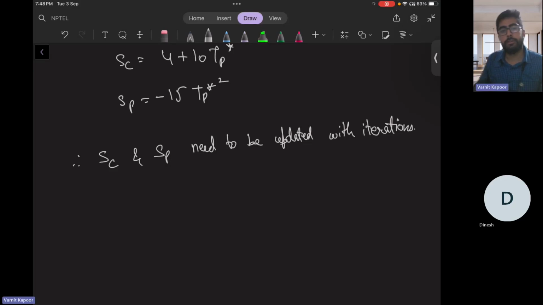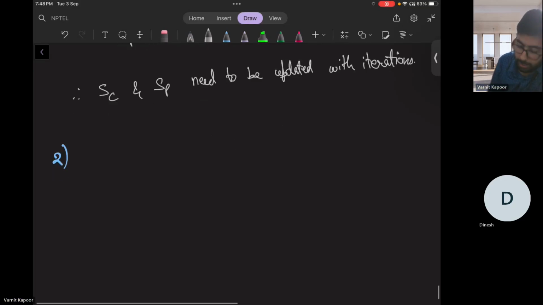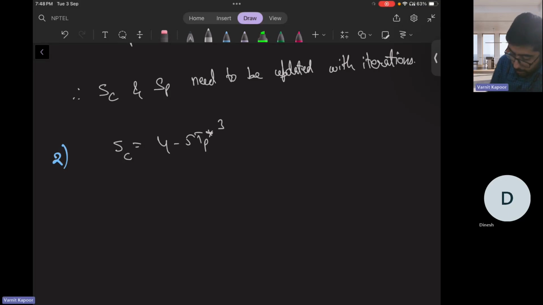Now, the second case. One case was that you have a variable source, with SC and SP both. In the second case, your source is S equal to 4 minus 5 TP star cube, where SC is this and SP is 0. It's a lazy person's approach, we can say. It will be slow to converge, and the diagonal dominance could be affected here.